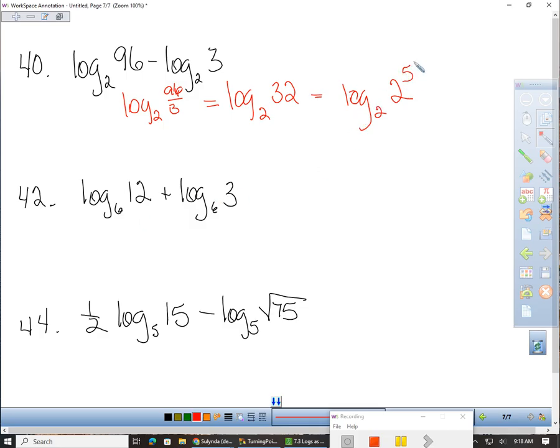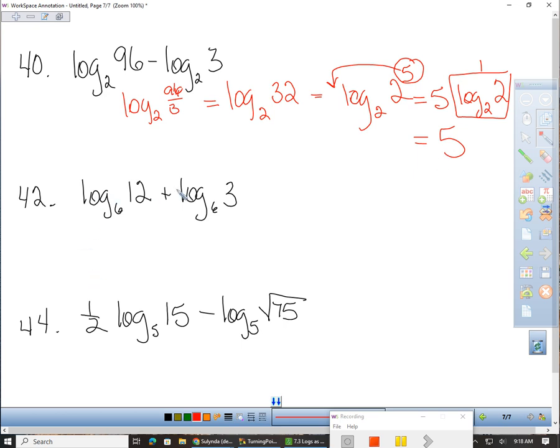So then of course our 5 gets to go out in front. So this is 5 log base 2 of 2. And of course log base 2 of 2 equals 1. So 5 times 1 equals 5.